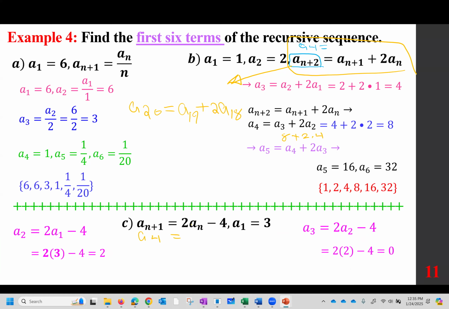Anybody? Can you give me the formula? You said A sub 4? Yes. So then it'd be 2 A sub 3 minus 4. And so that would be 2 times 0 minus 4, which is negative 4.